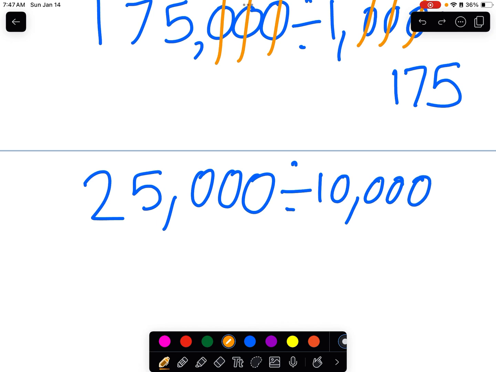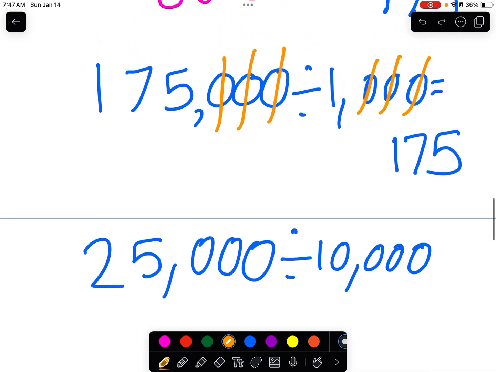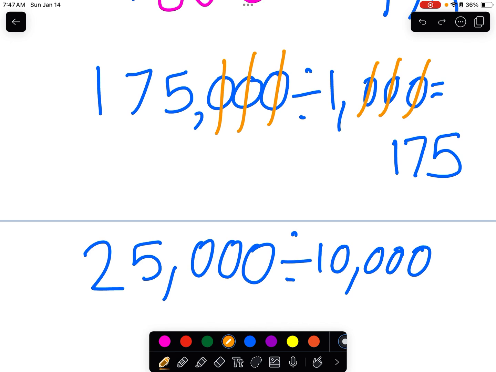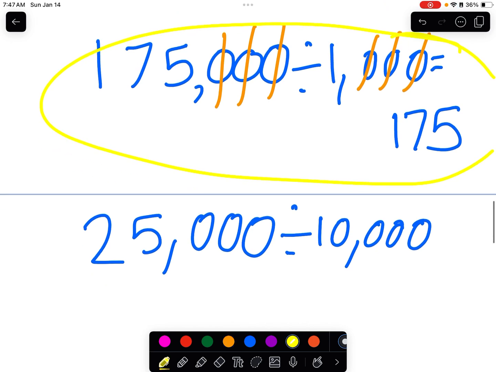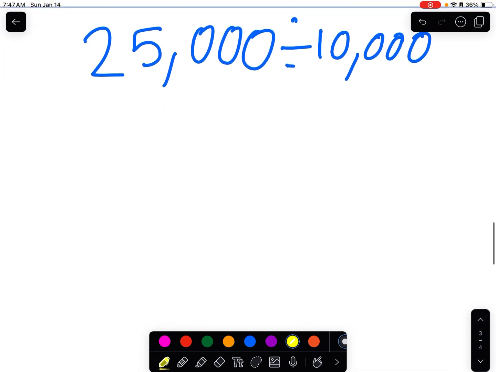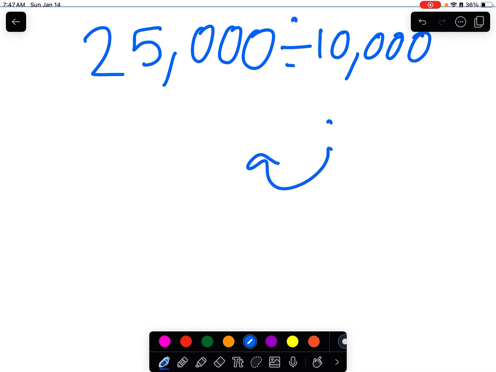And so that's one of the reasons that I don't always encourage this method, especially because later on, kids are going to learn how to work with decimals, and it doesn't work with decimals. And so I really encourage the moving leftward method and getting the kids used to moving that decimal point leftward.